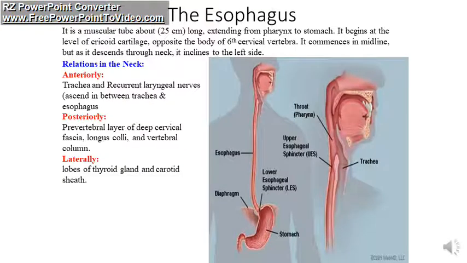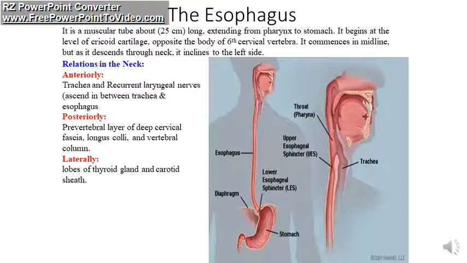The esophagus is a tube formed from muscles and membrane. The borders are, anteriorly, the trachea; posteriorly, the prevertebral layer of the deep cervical fascia, longus colli, and vertebral column; laterally, the lobes of the thyroid gland and carotid sheath.